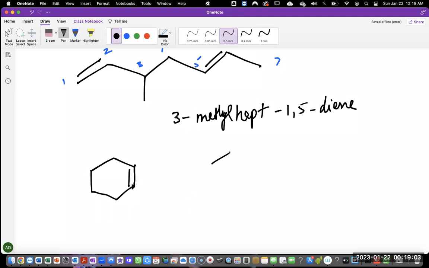If you simply had a structure like this, where you had 1, 2, 3, 4, 5, 6 carbons, you would just call it cyclohexane, because 6 carbons, all single bond is hexane. And since the structure is cyclic, it's called cyclo.